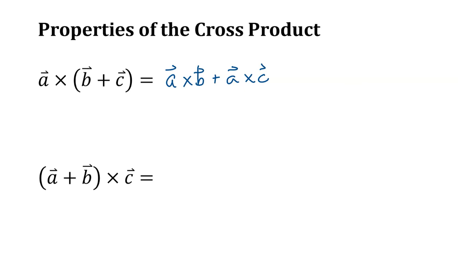And interestingly, it's distributive on both sides, and because the order of the cross product matters, I can't just take the C and move it to the front the way we would, like you would never see this, 5 plus 4, 2. We'd always write the 2 on the front, but you can't change the order of cross product because the order matters. So this would be A cross C plus B cross C.